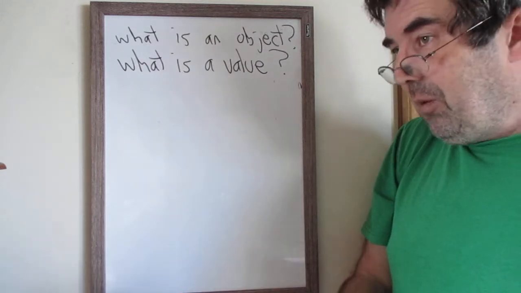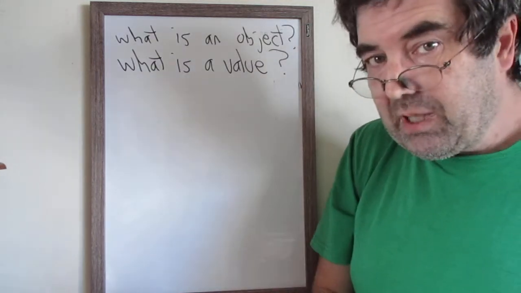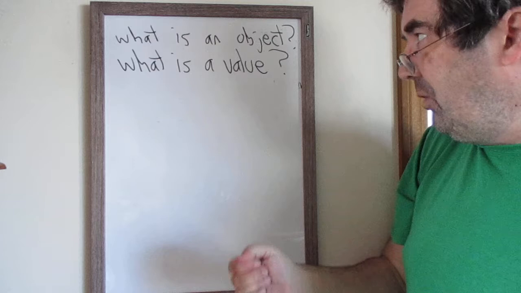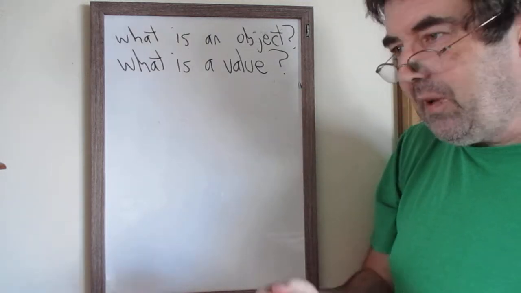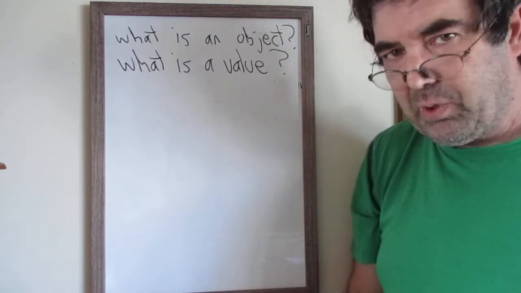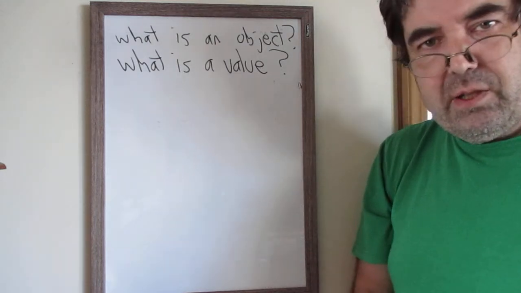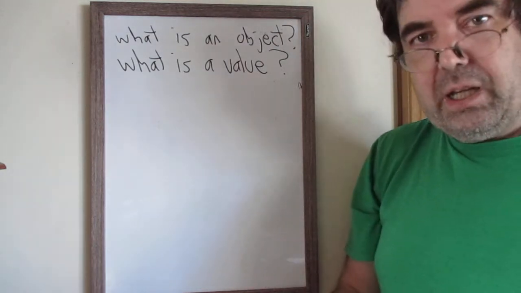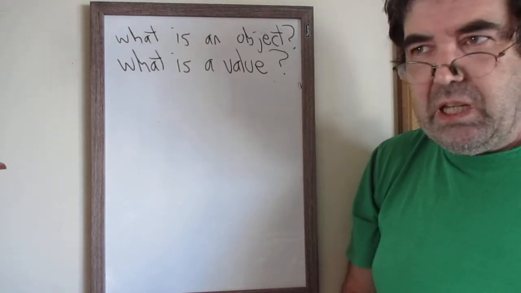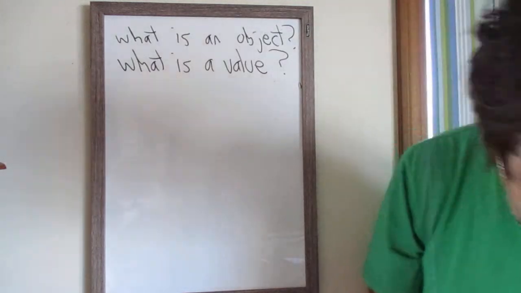So, except for the most simple cases, every value is an object, except for values that are incredibly simple. True, false, numbers, strings, and also the default values, null and undefined, which basically have the meaning of missing or not found.